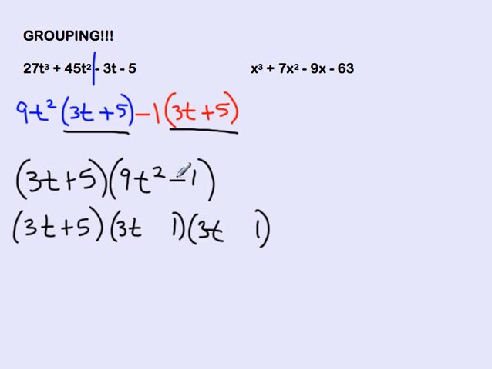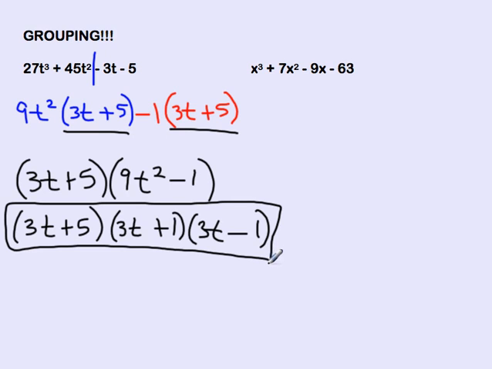And since there's a negative in the middle, it's going to be plus, minus. And that's going to give me 0t in the middle because outside would be negative 3t, inside would be positive 3t. So that would be the final factorization for that problem. There's nothing else that I can factor out of any of those sets of parentheses.